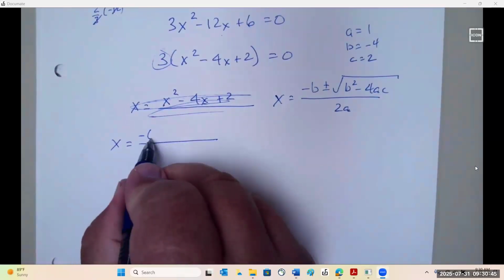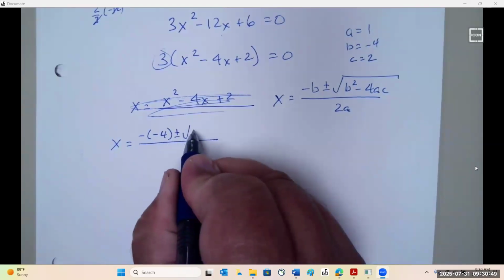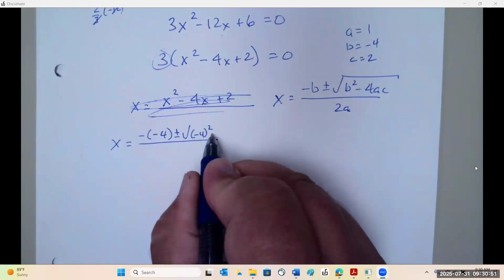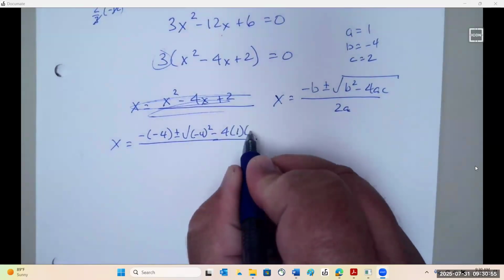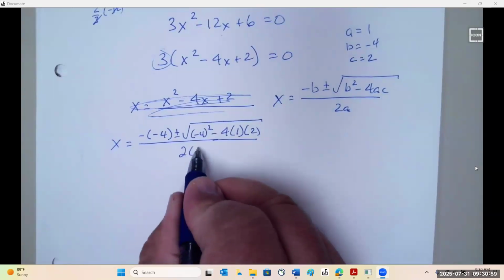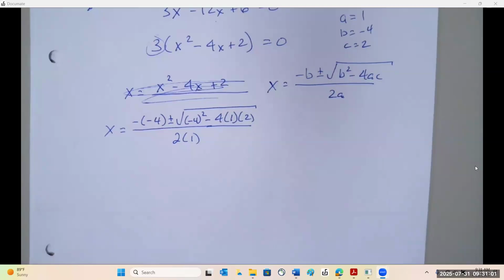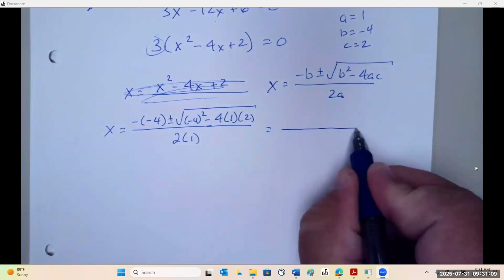So we have negative of negative 4 plus or minus the square root of negative 4 squared minus 4 times 1 times 2 over 2 times 1. Now, again, hopefully everybody knows how to use the quadratic formula. So I'll do this pretty quick.